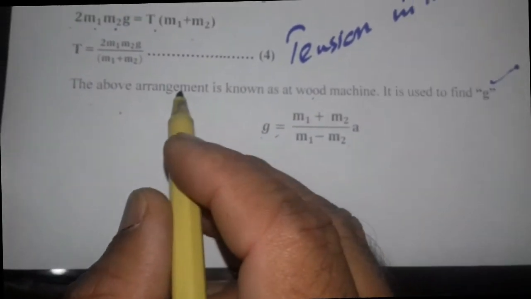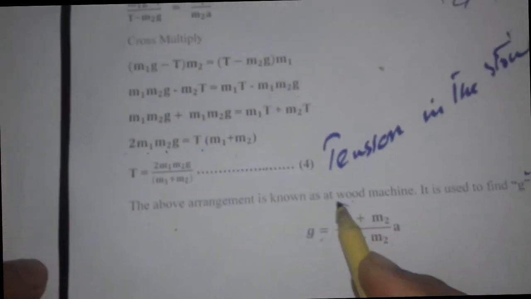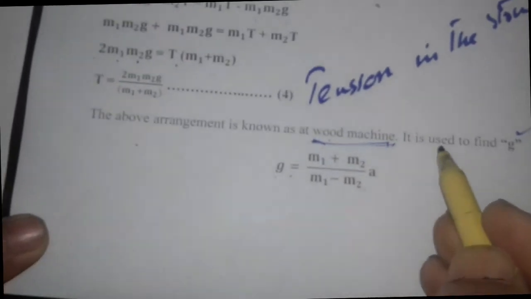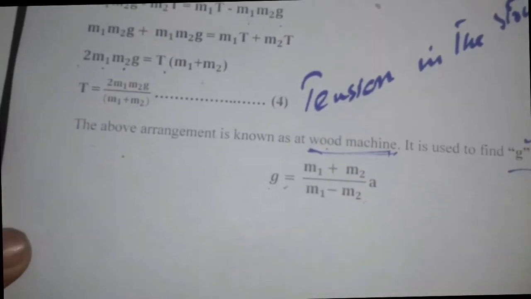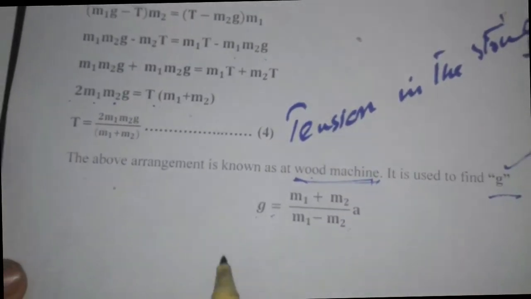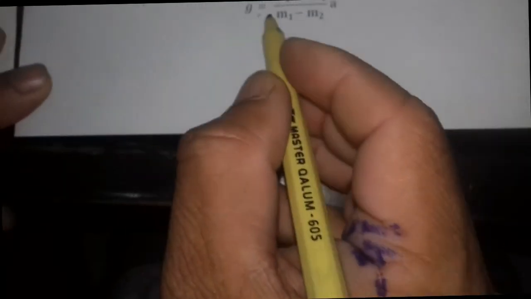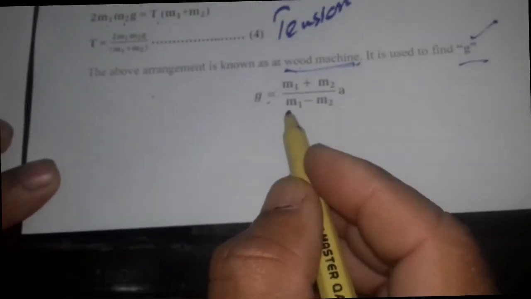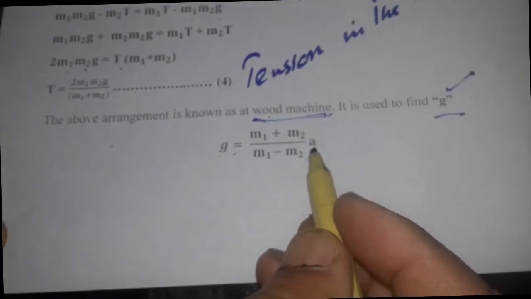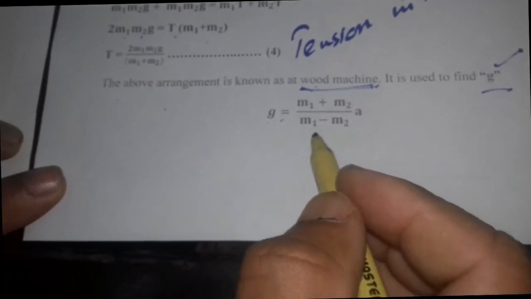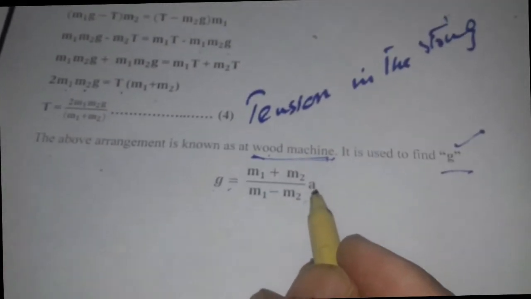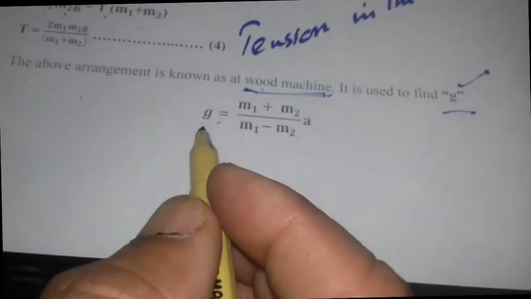The above arrangement is also known as the Atwood machine principle. It is used to find the value of g, the gravitational acceleration. From here we can get g by rearranging: g equals (m1 plus m2) times a divided by (m1 minus m2). We put in the values of m1, m2 and a, and we can get the value of g.